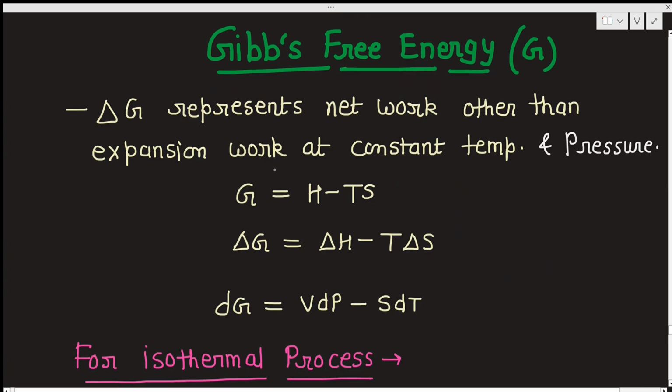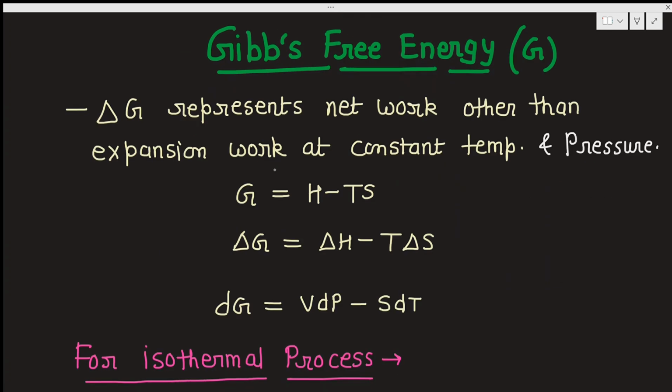Now Gibbs free energy is the next state function. This is also a state function because its value depends only upon the initial and final state, and whenever you are given a state function, one thing you should remember is that we cannot find its absolute value. Whether it is internal energy, enthalpy or Gibbs free energy, you cannot find the absolute value.